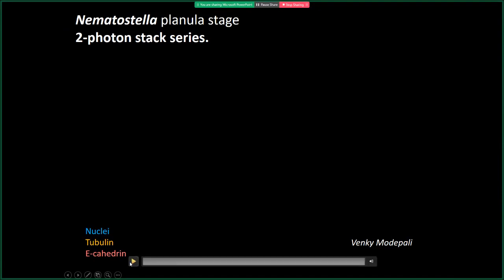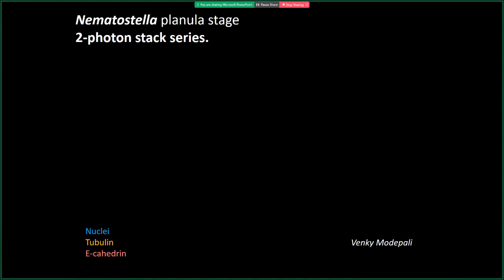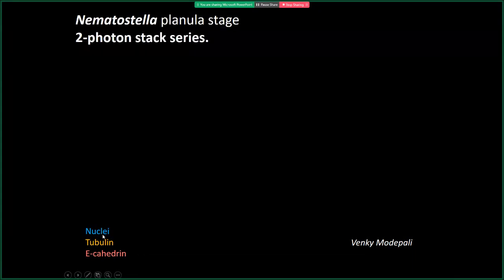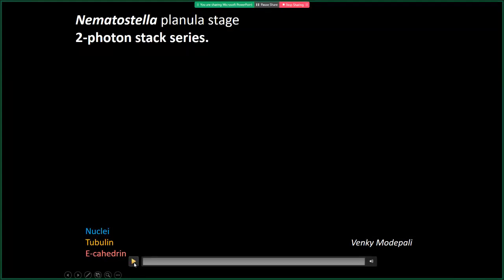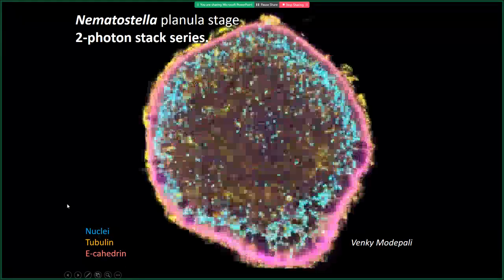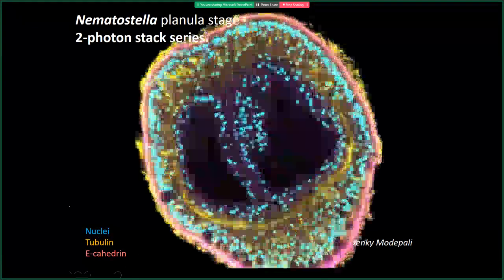The video just shows a sequence of stacks taken through this specimen. And I'll just show it now. So the blue represents the nuclei, yellow represents tubulin, and red or pink represents phalloidin or cadherin, which is labeling the walls of the cells. So this is just sectioning through this planula. We go down through it.